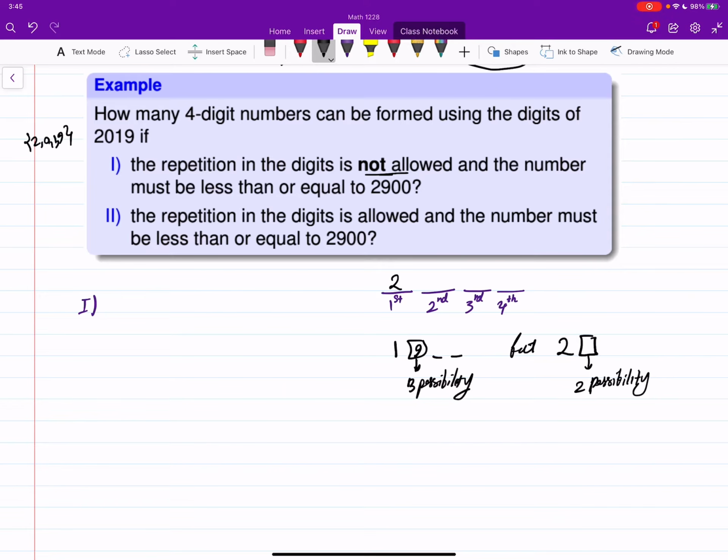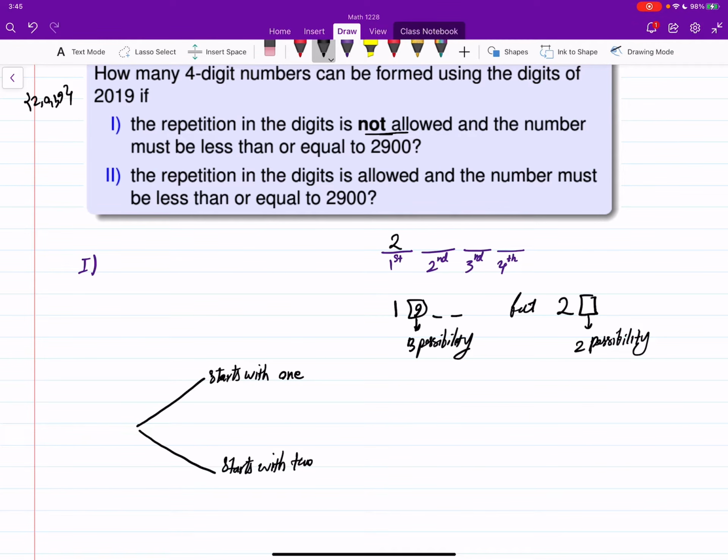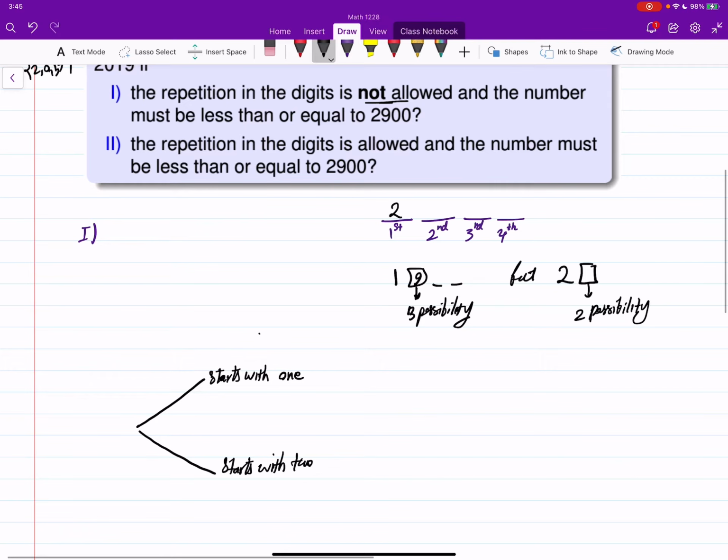So you have to now consider 2 cases. The number starts with 1, and the number starts with 2. The first thing you have to notice is that the cases that I'm including there don't have any intersection. They are disjoint, basically, yes?